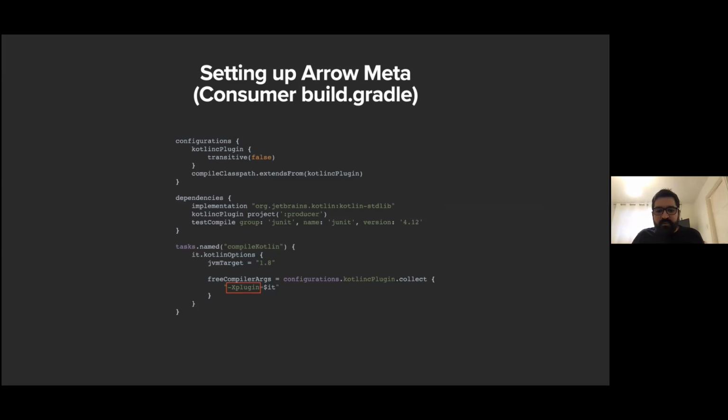So what we're saying here is that we collect all of the jars that are defined with the Kotlin C plugin configuration. We only have one, which is our producer, and then in turn, this is going to be a jar in the end, and that jar is going to be added here. This is the most important part, where we're actually telling the consumer that it needs to use our plugin in the Kotlin compilation process.